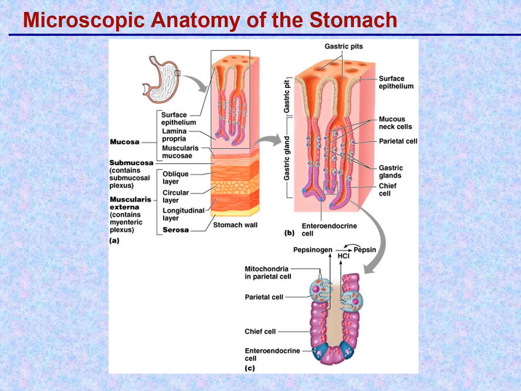And here you see a better enlarged view, and again, mucosa, submucosa, muscularis externa, and at the very end, serosa. But here are these three major layers, of course, that make up the typical wall of different areas of the GI tract. And here you see that this initial part of these glands is called the gastric pit. That's lined by the surface epithelial cells, and that has the goblet cells in it.